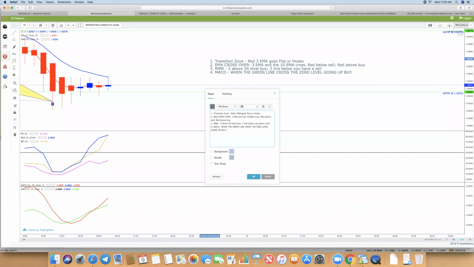Because this is where I'm seeing you mess up. When the green line crosses the 0 level going down, it's a sell.